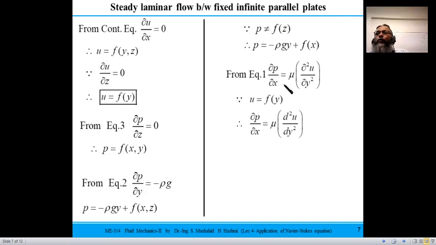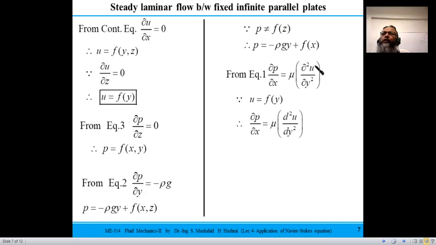From the x momentum equation we know that the pressure gradient is mu times the viscous part, mu times d square u over dy square. So the pressure gradient in x is equal to mu times the second order derivative of the velocity with respect to y.